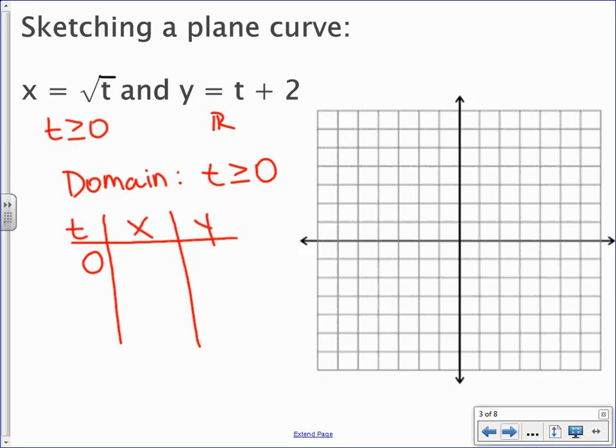Okay, so when we plug in 0, square root of 0 is 0, and then we have 0 plus 2. Then we can try to plug in 1. Square root of 1 is 1, plus 2.